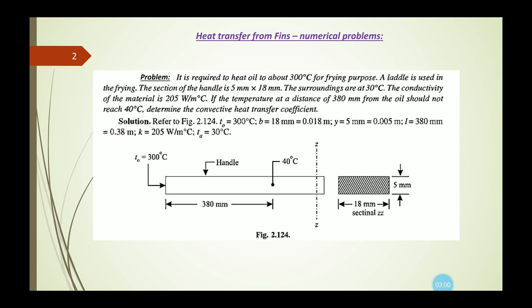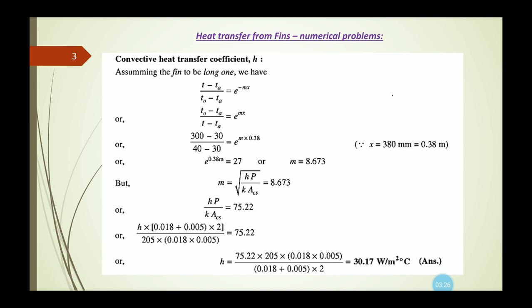The length is 380 millimeter, which is 0.38 meter. K, the thermal conductivity, is 205 watt per meter degree centigrade, and T infinity, the ambient temperature, is 30 degrees centigrade. Here we need to determine the convective heat transfer coefficient. So this is the diagram. On the next page we will discuss the procedure to find the convective heat transfer coefficient, which is small h.